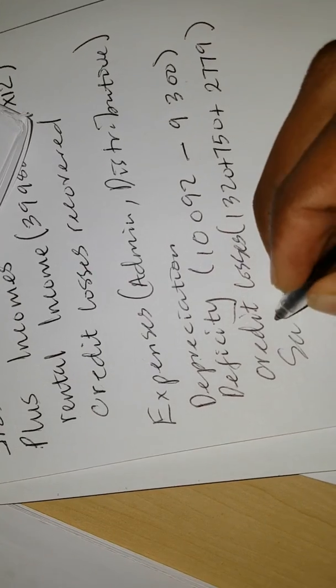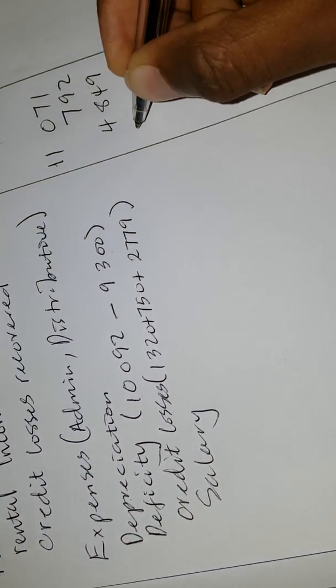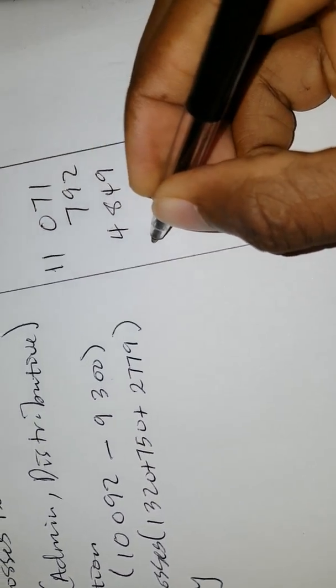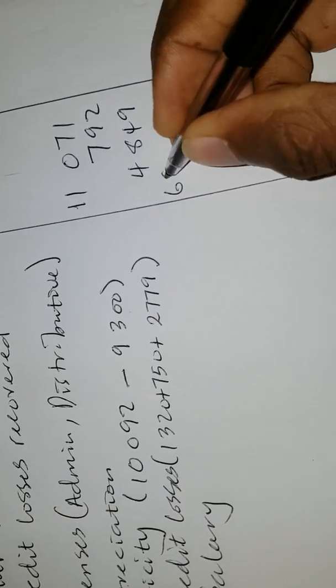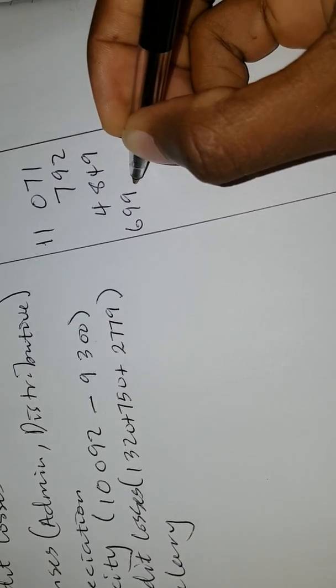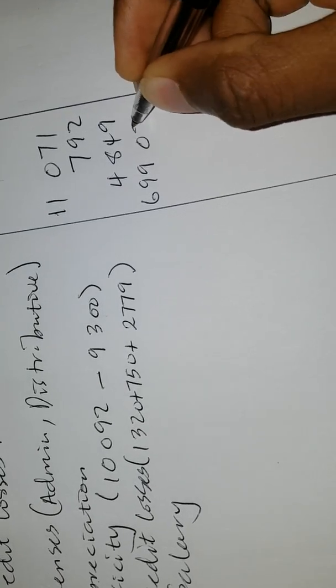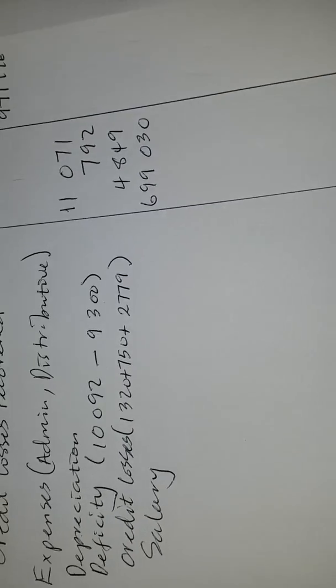So it means the salary and wages will remain the same at 699,030. So salary as an expense, it's 699,030. We move forward. We skip salaries here. We're done with salary.